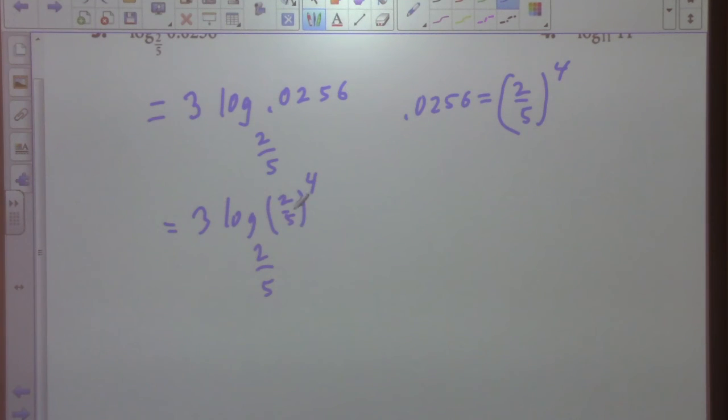You bring it, 4 times 3 is 12. So now we have 12 log base 2/5 of 2/5. What's the log base 2/5 of 2/5? That's 1. So our answer here is going to be 12.